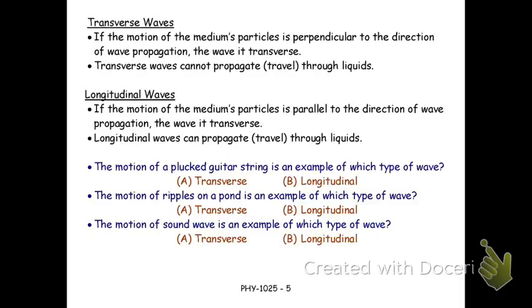We have the so-called transverse type, and we have the longitudinal type. And the transverse type is where the motion of the material is at 90 degrees to the wave.